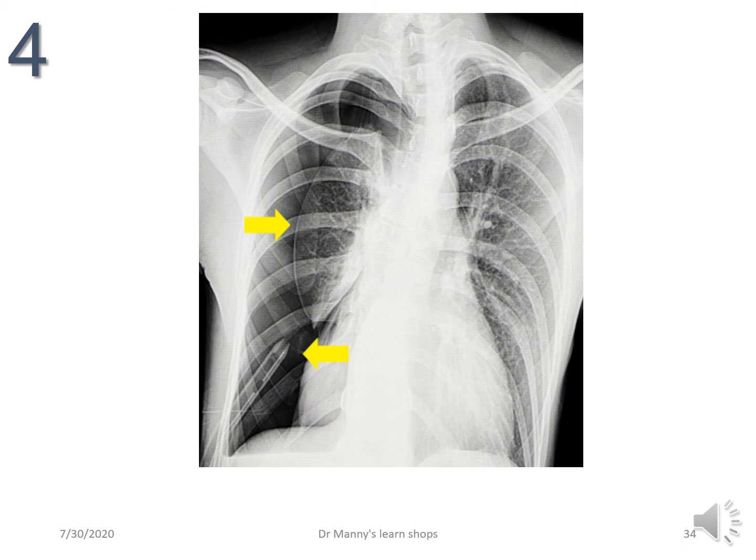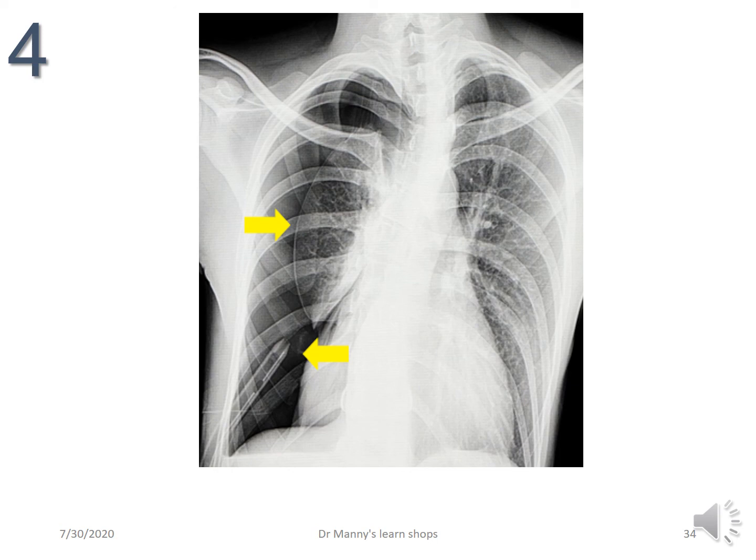Okay, look at this chest x-ray. It's pointing to a chest tube, radio-opaque. You can see it very clearly in the right lower lobe. And the other arrow is pointing to the right lung, which is completely collapsed. Look at the vascular markings.